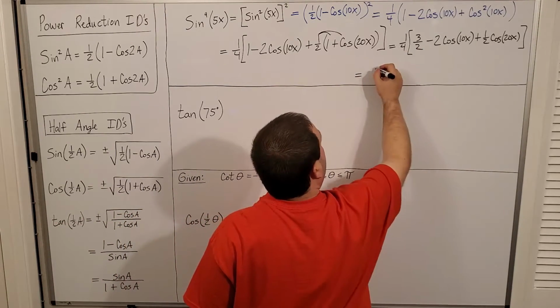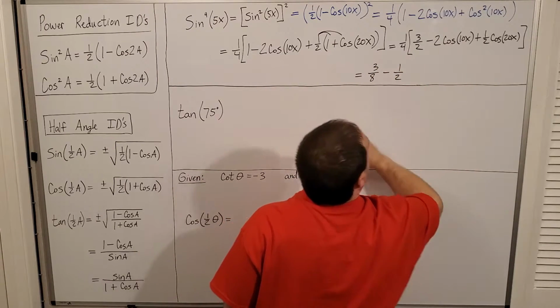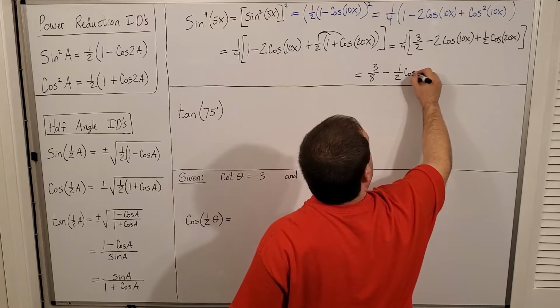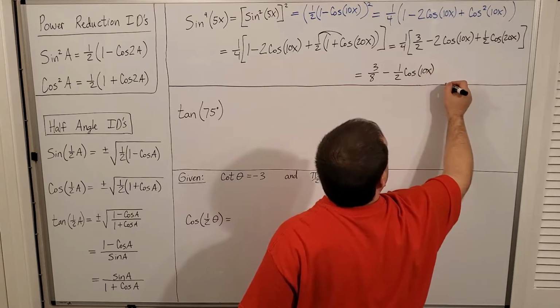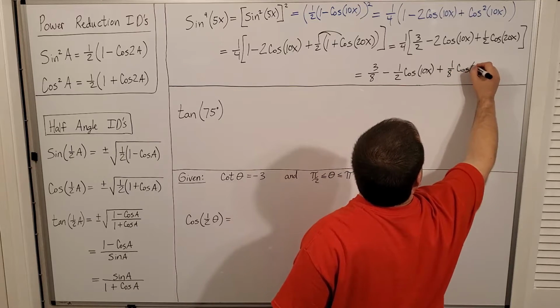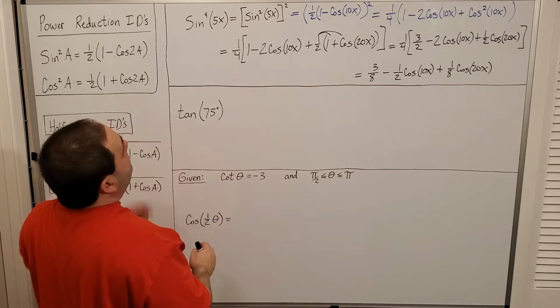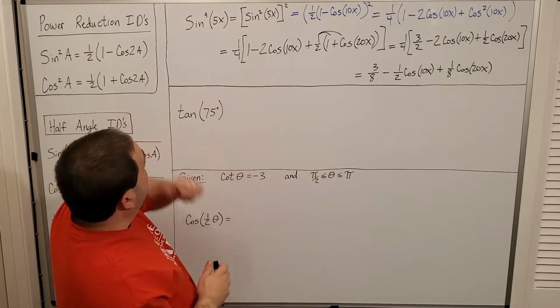This is going to become 3/8 minus 1/2 cosine of 10x plus 1/8 cosine of 20x.